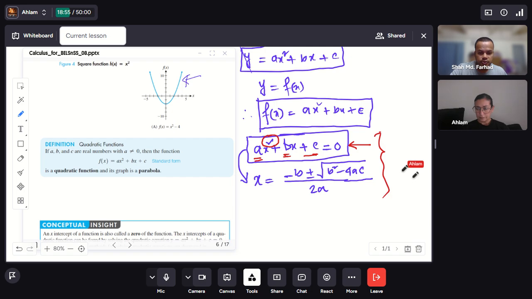I'll give you another example. If you are given x cubed minus 1 equals 0, here the maximum power of x is 3, right? So if we solve this equation, then we will get three values for x.